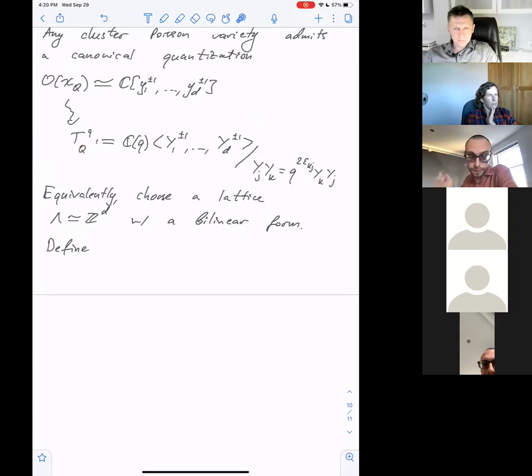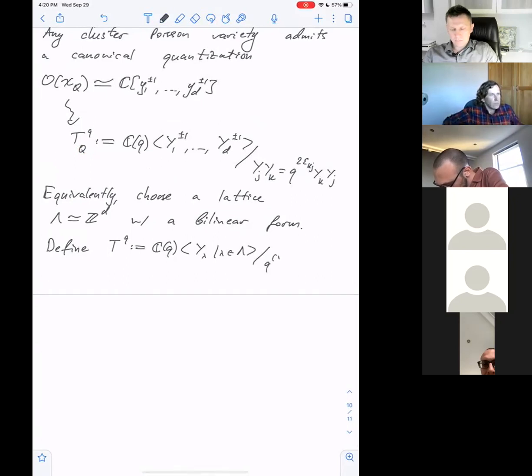But now I want to define a torus which is completely independent of the quiver, so I'll define T_q, a kind of master torus, which will by definition be an algebra over rational functions of q, with generators y lambda, where lambda is an element of the lattice, and relations q to the form evaluated on the pair lambda, mu, y lambda y mu is equal to y lambda plus mu.